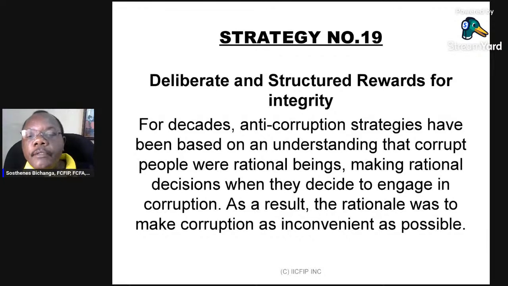Sheikh Tamim bin Hamad Al Thani Anti-Corruption Excellence Award.